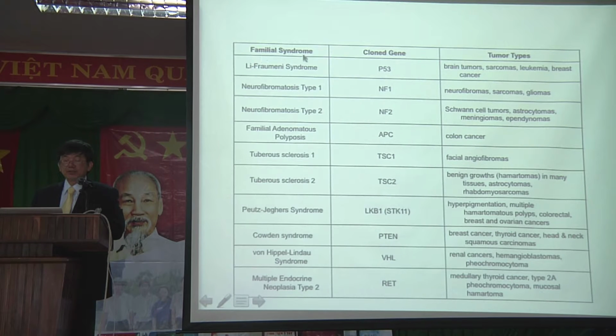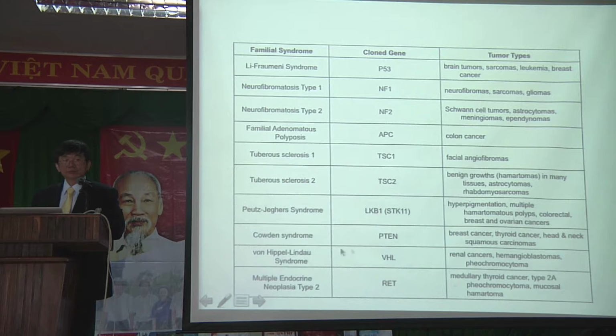For example, these familial syndromes: Li-Fraumeni syndrome is the mutation of p53, neurofibromatosis type 1 is mutation of NF1, neurofibromatosis type 2 is NF2, familial adenomatous polyposis is the APC mutation, and then tuberous sclerosis type 1 is TSC1, and type 2, TSC2. Peutz-Jeghers syndrome is the mutation of LKB1.